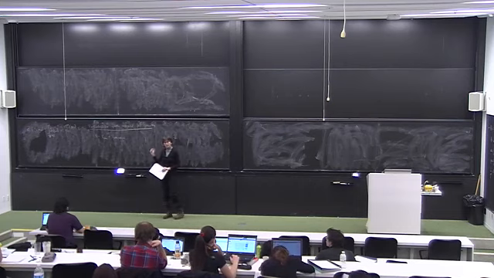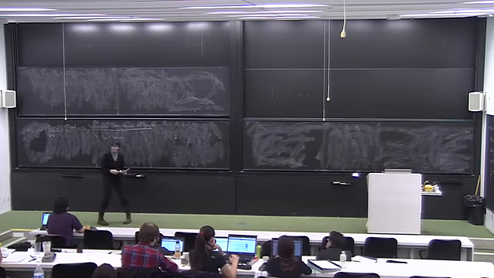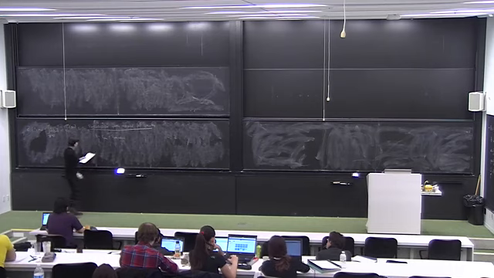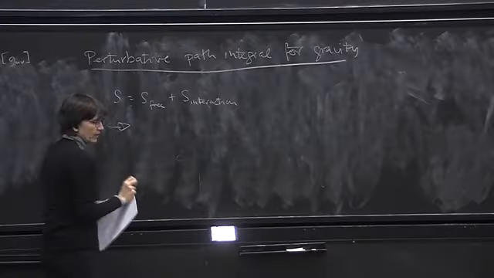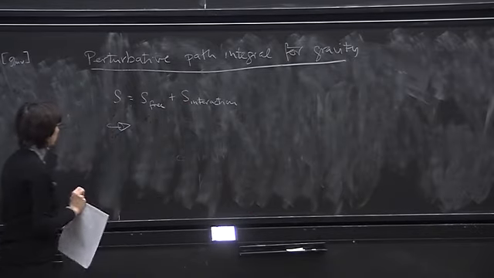But the beauty of the path integral is that these things you're integrating over have nothing to do, or very little to do, with any classical solutions of that same theory.